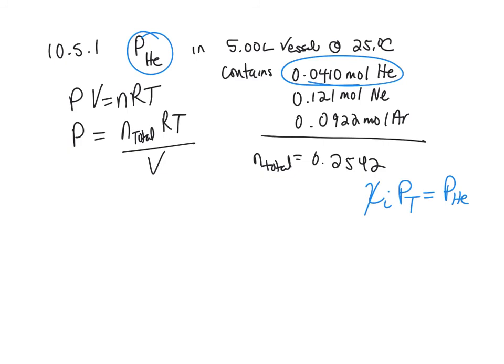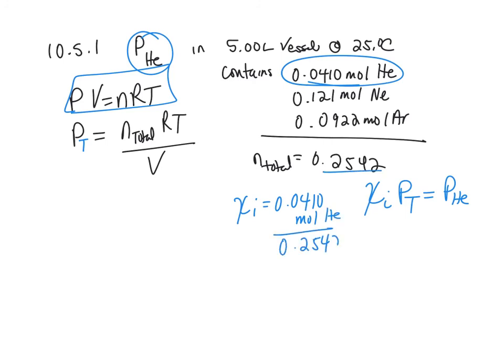So we are going to solve for the total pressure using PV equals nRT, because we have the total number of moles. And what's our mole fraction? Mole fraction here would be 0.0410 mole of helium over our total moles, 0.2542.